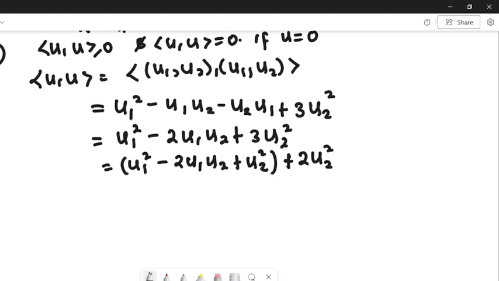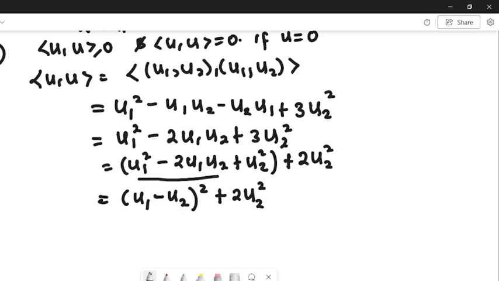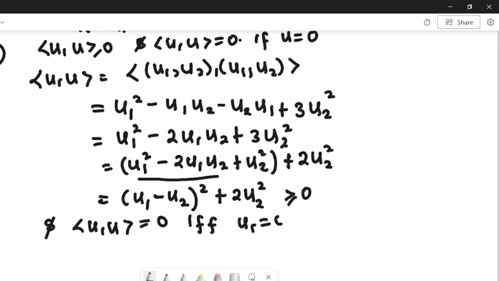Automatically there's no way that this can be 0. So this part here in bracket is (u1 minus u2) squared plus 2 u2 squared. There's no way it's going to be 0. So we are saying that inner product will only be 0 if and only if both u1 is 0 and u2 is 0.